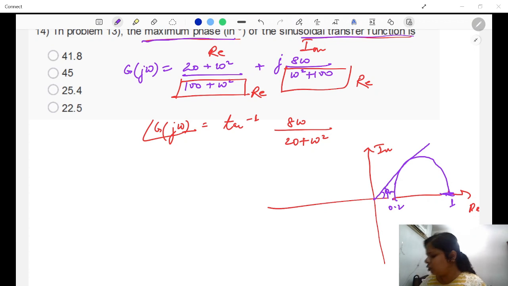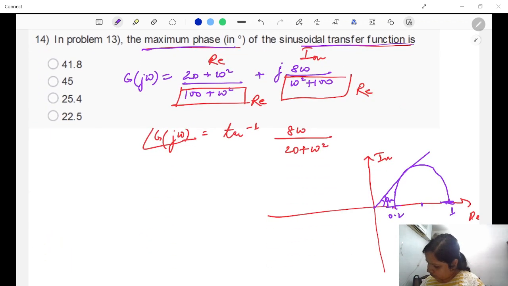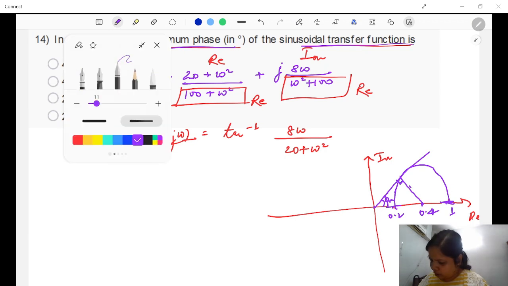Okay, let's assume that it is maximum at that point. What was your center? It was 0.4. At whatever point it is going to be the maximum, it is definitely going to be a tangent to the circle. Because if it were not a tangent, what would have happened?